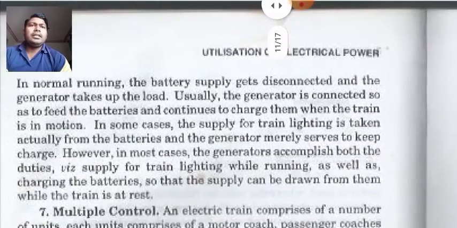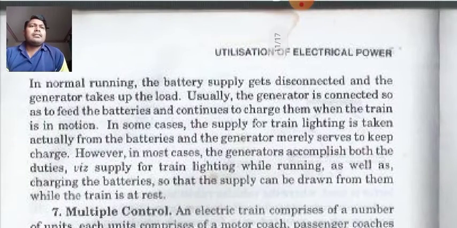Now in normal running, the battery supply gets disconnected from the generator and the generator takes up the load, because during normal operation the batteries do not have any role to play. They will only be in the charging mode, or they will not supply any power to the load.